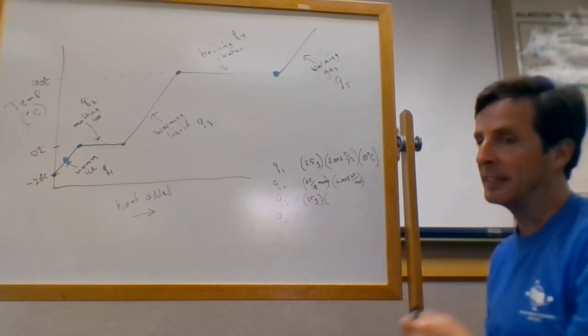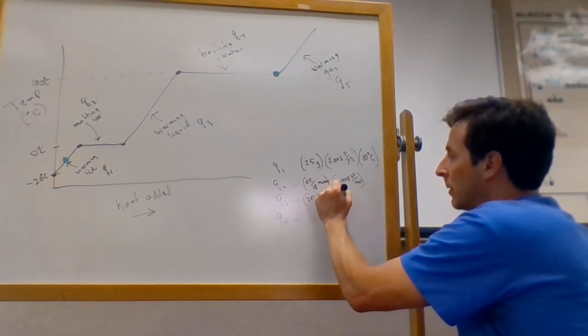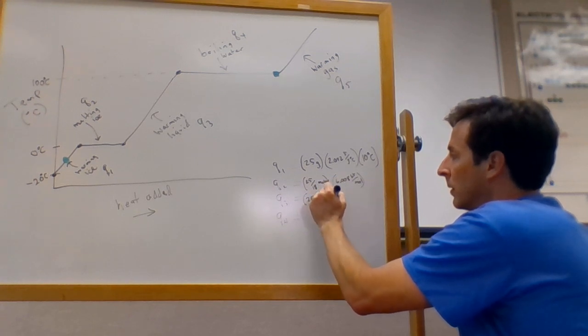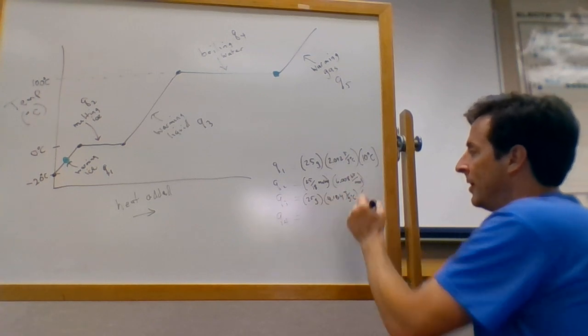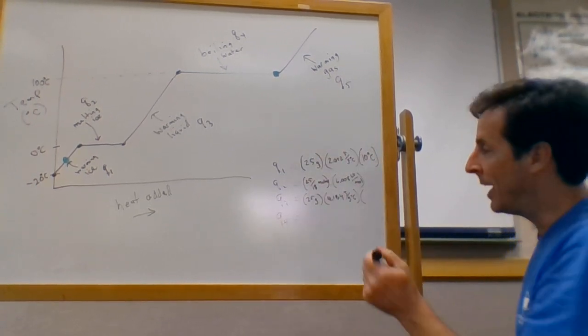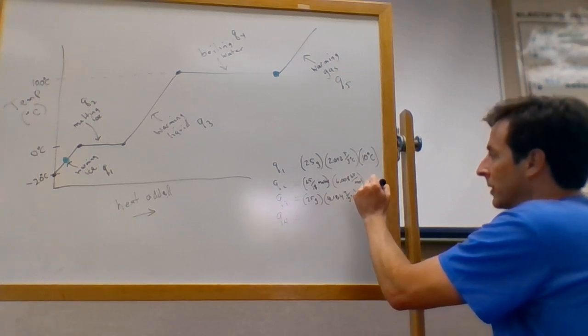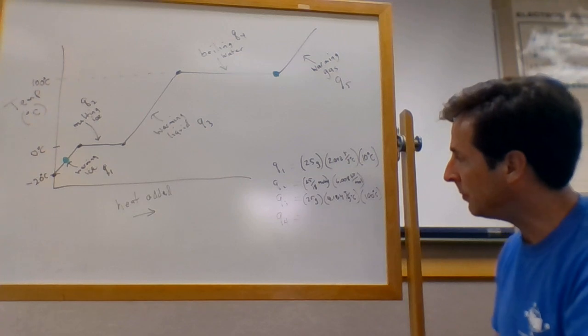My specific heat, this time it is liquid water, is 4.184 joules per gram per degree Celsius. And then my delta T, I'm going from 0 to 100. That delta T is 100 degrees Celsius. I'm doing the entire segment of Q3.